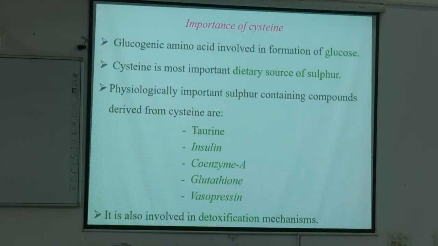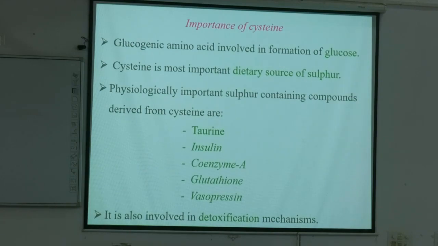Now, the importance of cysteine. We understand all the clinicals related to that. Cysteine is a glucogenic amino acid involved in the formation of glucose. It is a dietary source of sulfur, and it is required for the formation of insulin. Why is it required for the formation of insulin?